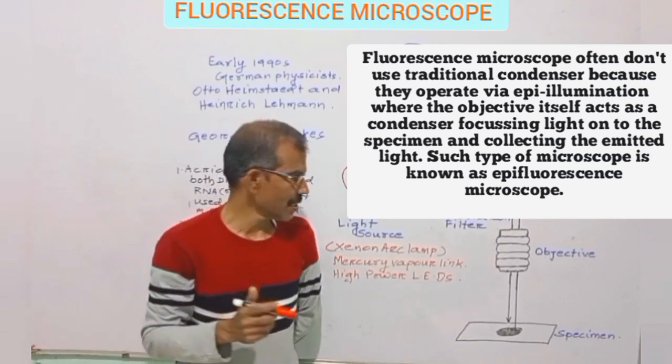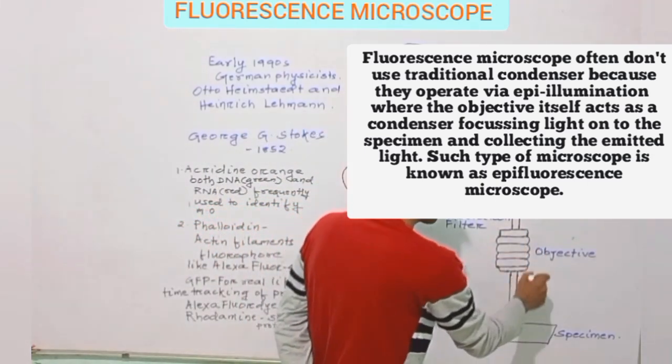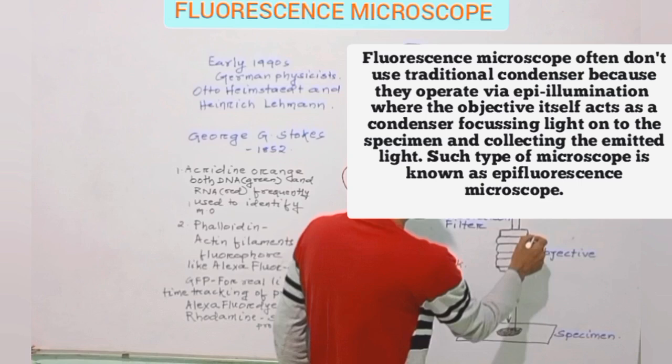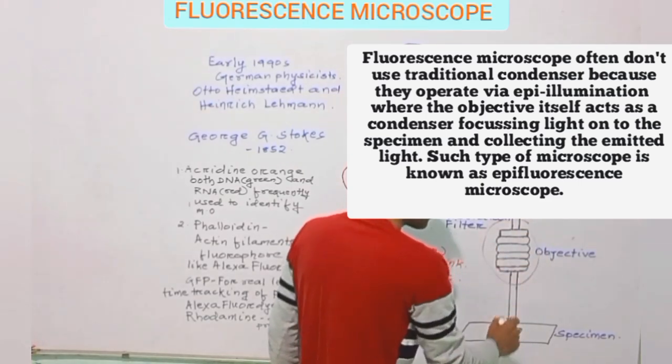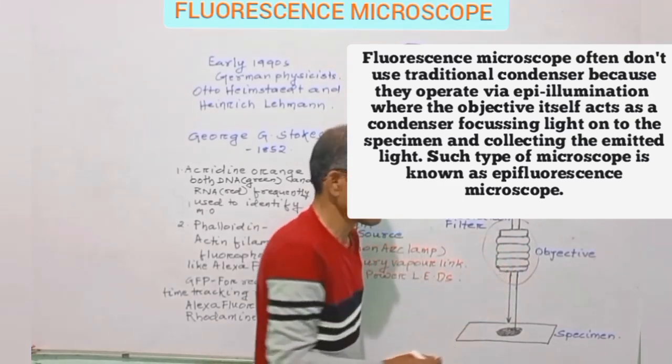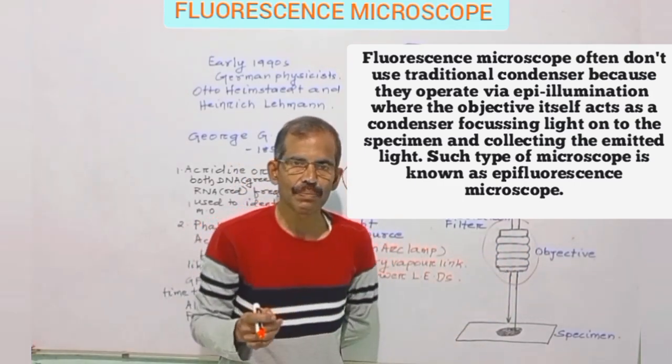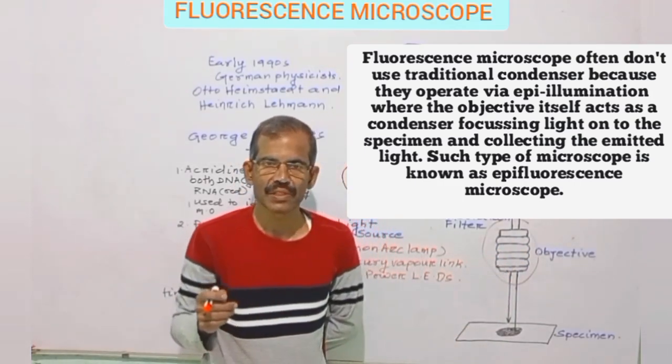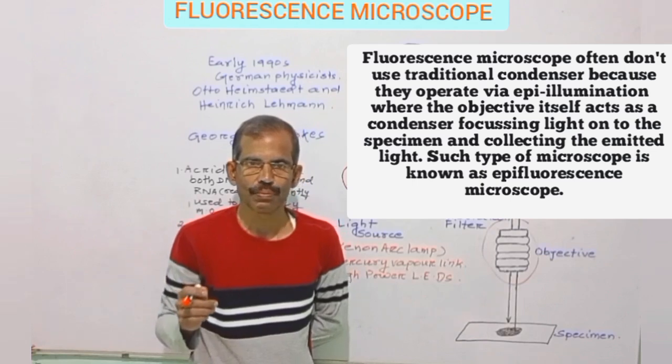In this process, the objective itself acts as the condenser, focusing light onto the specimen and then collecting the emitted light. Such a type of microscope is known as epifluorescence microscope.